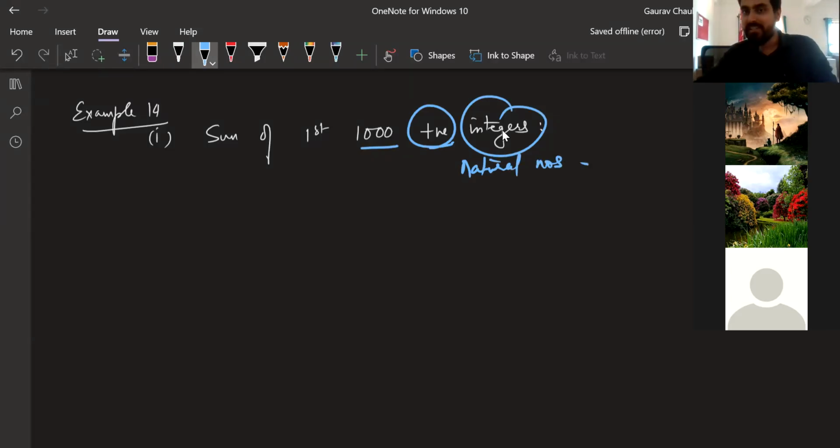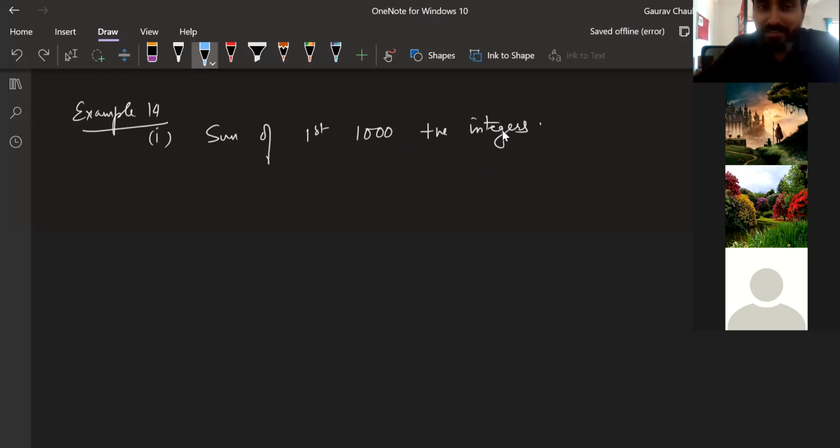Now, 1000 positive integers basically means natural numbers only, right? Positive integer, because integers can be negative, zero and positive. A positive integer is only 1, 2, 3 and so on. So what we are going to do right now is write down that list.